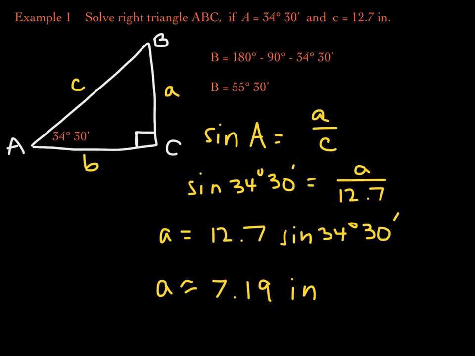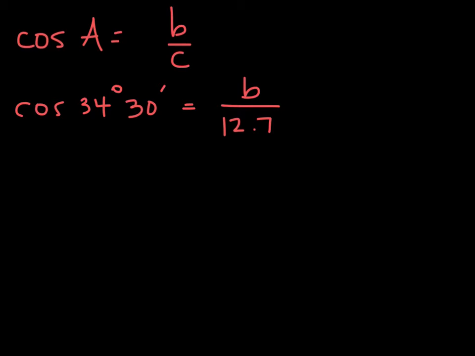All right, the side that's missing is B now, right? And this is the side adjacent to the given angle. So this time around, I'll use the cosine function. The cosine of the given angle is adjacent over hypotenuse. So we get cosine of 34 degrees and 30 minutes is equal to B over 12.7. And again, to solve for B here, we'll just multiply both sides by 12.7.